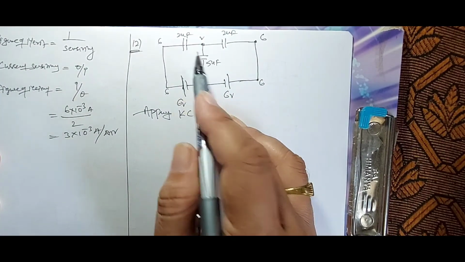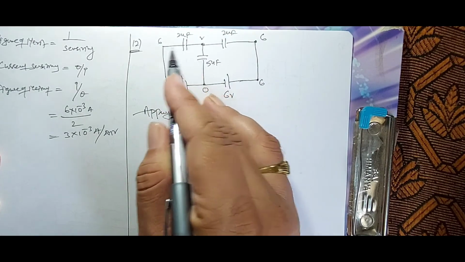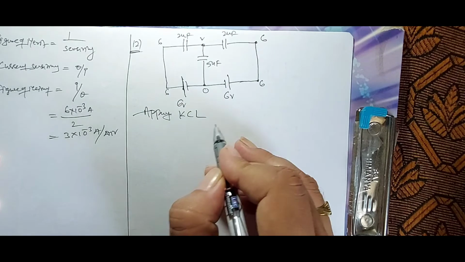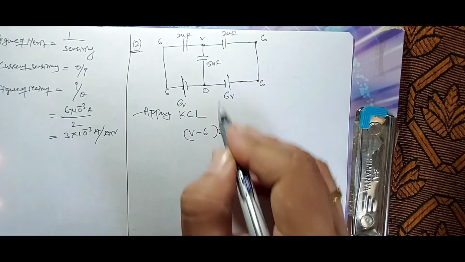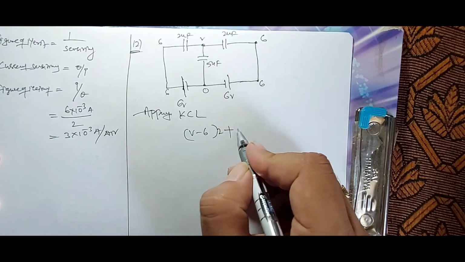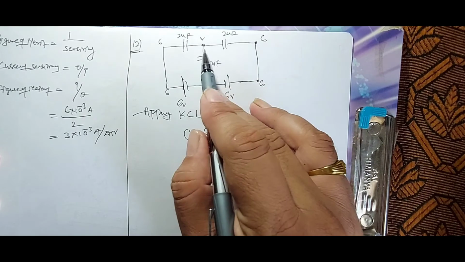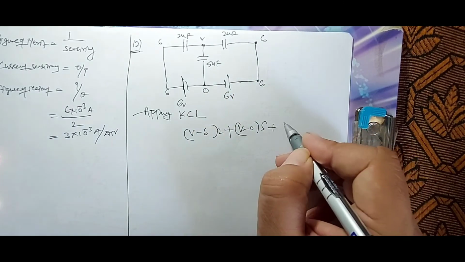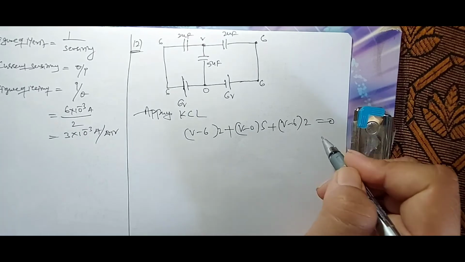We know that Q is equal to CV. That means the charge in this branch, with potential difference (V minus 6) into 2, plus the charge in this branch, (V minus 0) into 5, plus the charge in this branch, potential difference (V minus 6) into 2, is equal to 0.